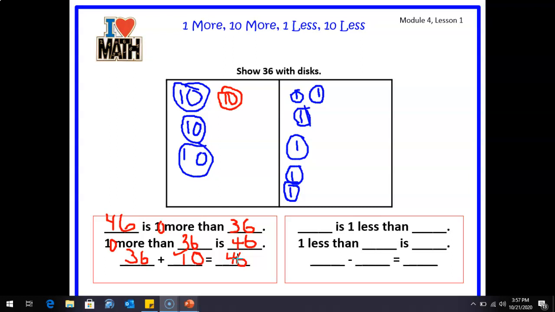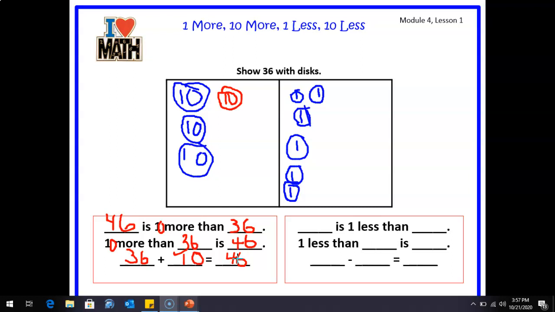What did we do to change that 36? I'm going to give you some think time. What did we do? Yes, we added 10 more. And where did I add the 10 to? Get ready?